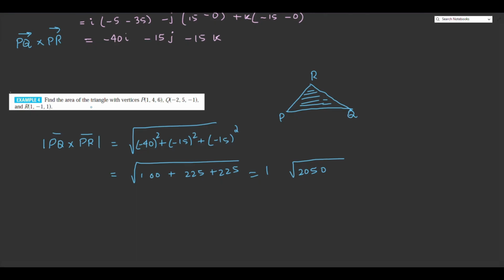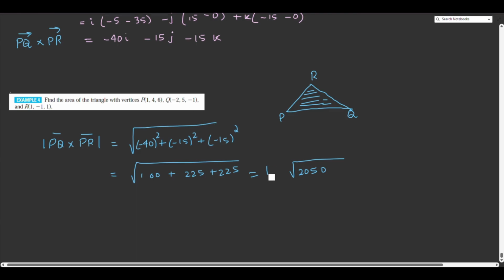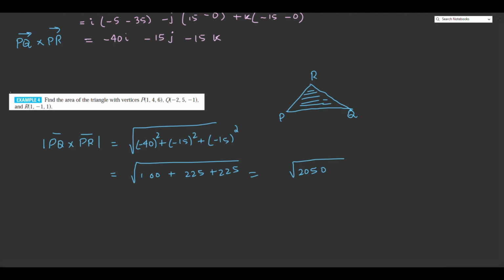So this is the area of the parallelogram. When we multiply this by half, we will get the area of the triangle.